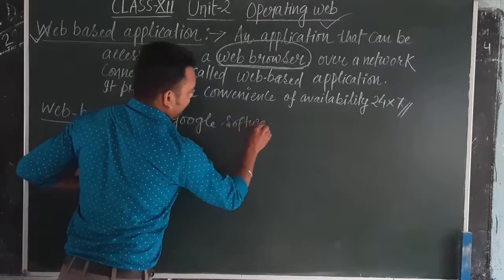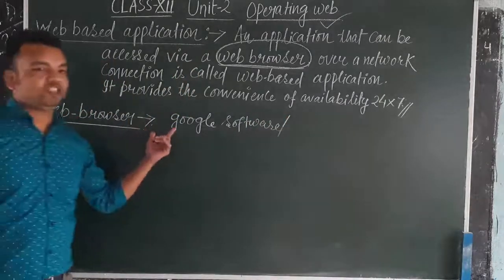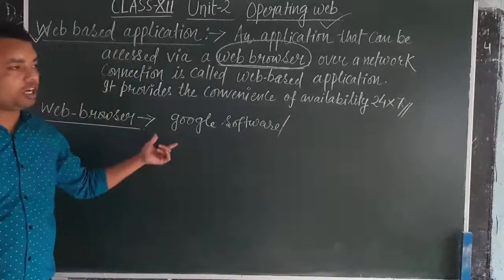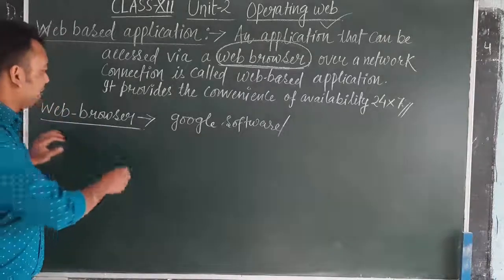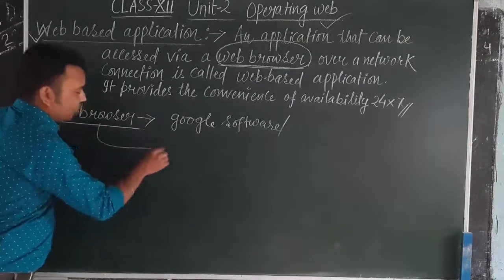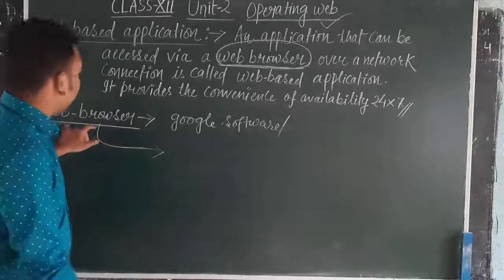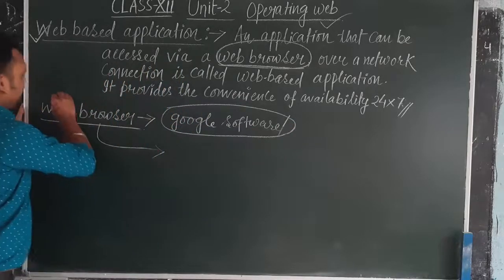That is also an internet or web-based application. As soon as you type the keyword which is needed in order to open that particular application in Google and press enter, it will simply redirect us to a lot of pages. So that Google application can also be considered as a web browser.